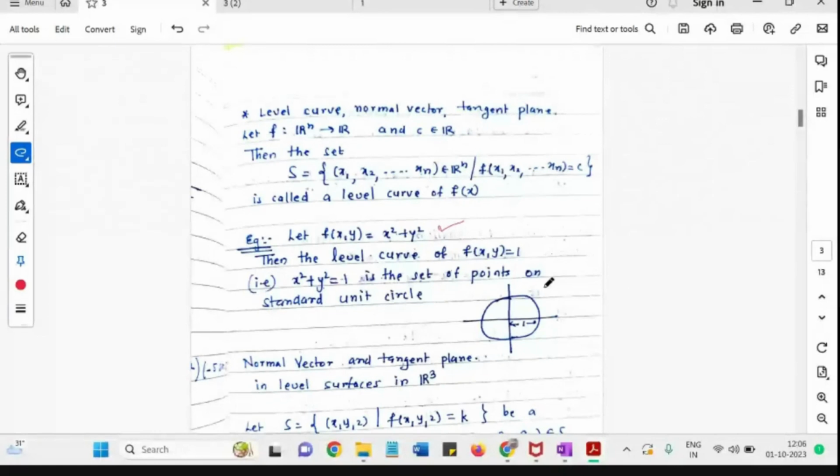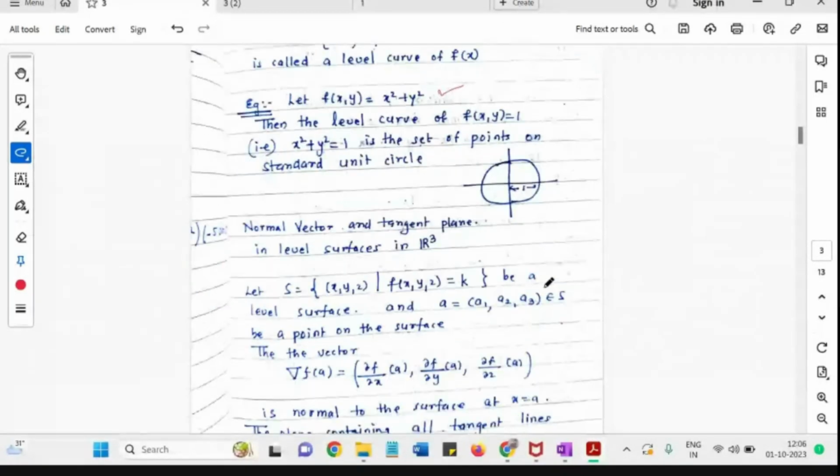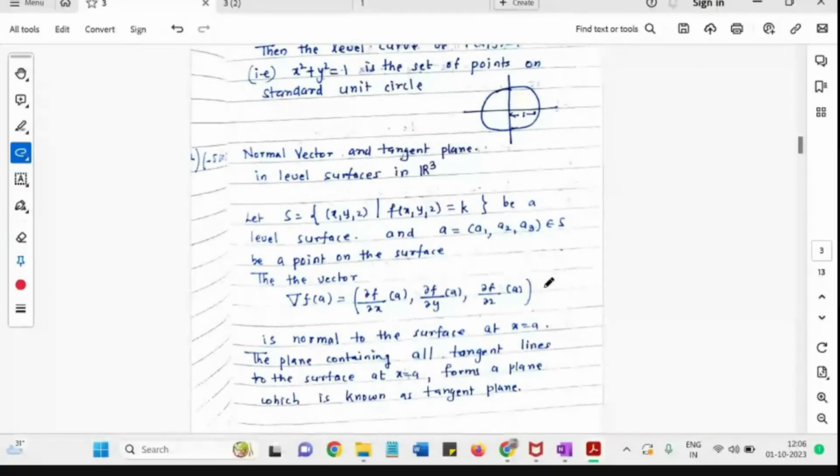Moving on to the normal vector and the tangent plane. Again I'm restricting myself to R3 now. I'm not getting into general Rn. Let's take ourselves to R3. I have S equal to a set of x, y, z which will satisfy the condition f of x, y, z is equal to k. It's a level curve.